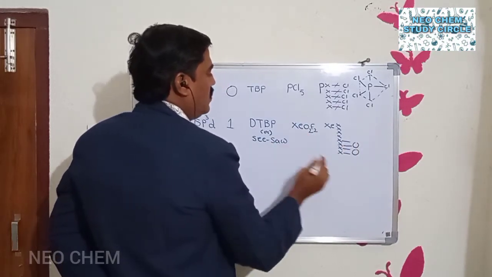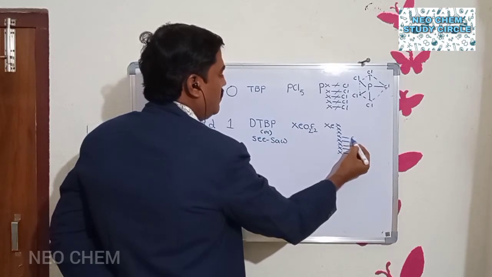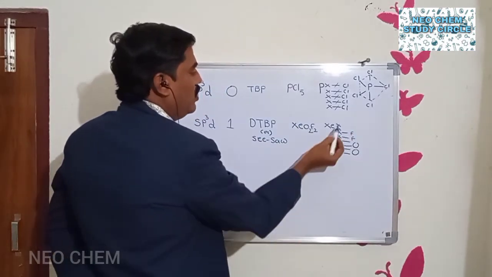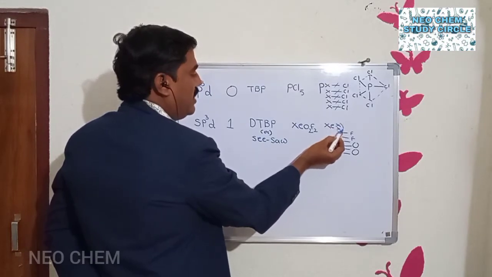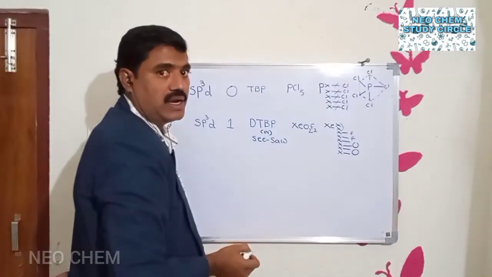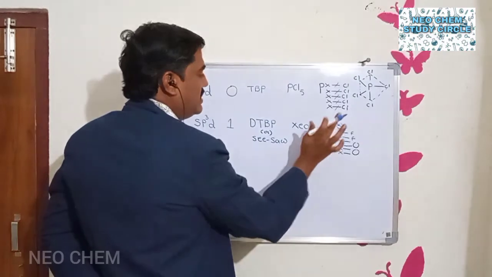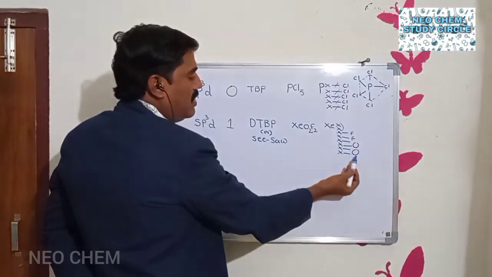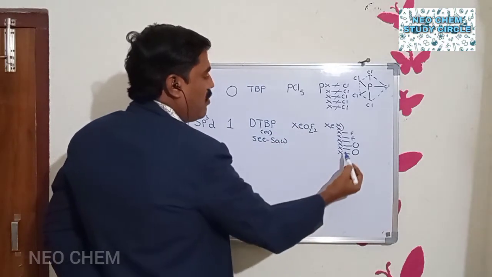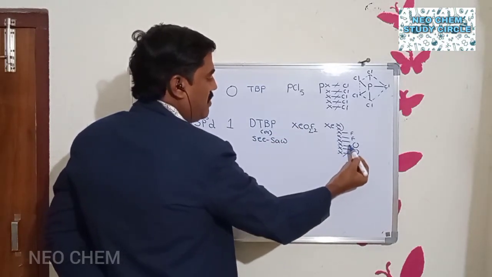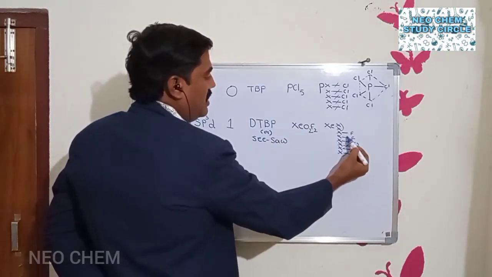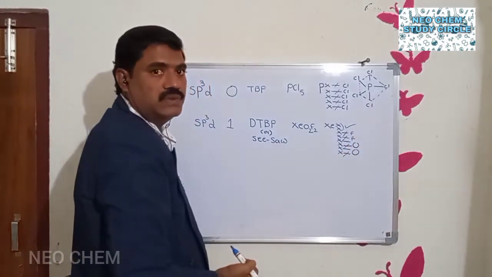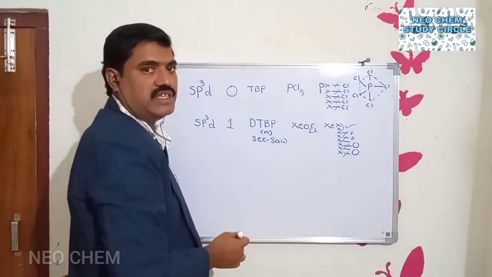Next, there are 2 fluoro groups with 1 electron each. Next, for the remaining 1 lone pair, we should put 1 bracket beside the lone pair of electrons, and it is considered as a sigma bond. In a double bond of oxygen, only 1 sigma bond is present. So first sigma bond, second, third, fourth, and fifth. So there are 5 sigma bonds.